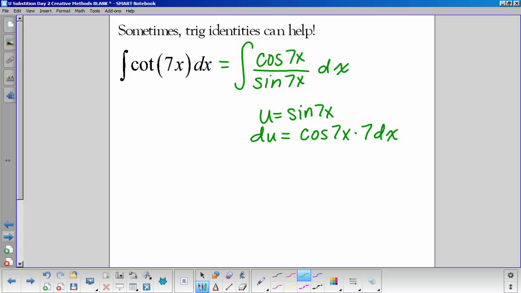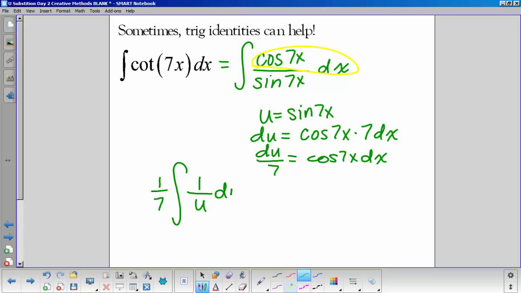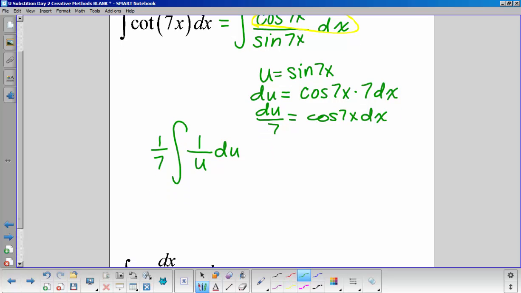But what do I have in my integrand? I only have the cosine 7x dx. So I have to divide by 7. So I'm going to bring the 1/7 out in front, integral of, now this is 1 over u du, whose derivative is 1 over u?